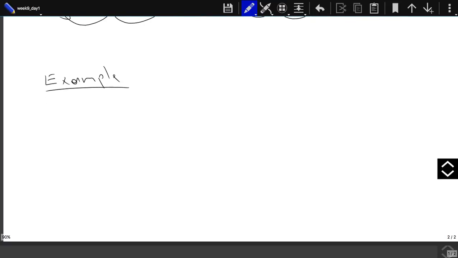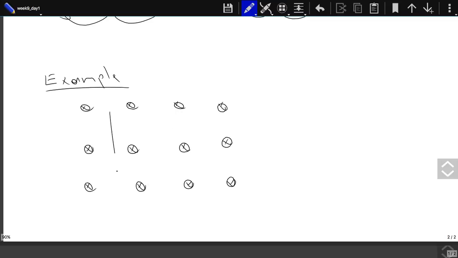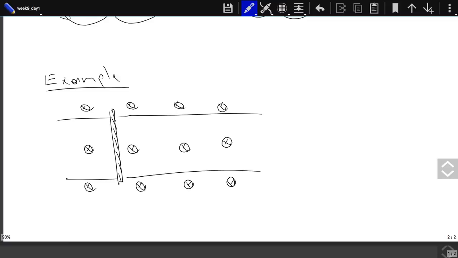Now, the other example that we had considered was this one. We had this wire. And then there was the magnetic field. We had this conducting rod, which lay on, let's say, conducting wires, which is connected to our circuit.